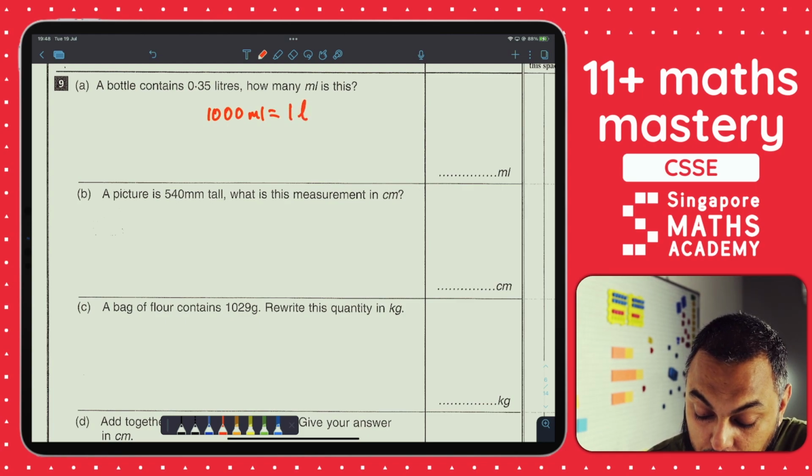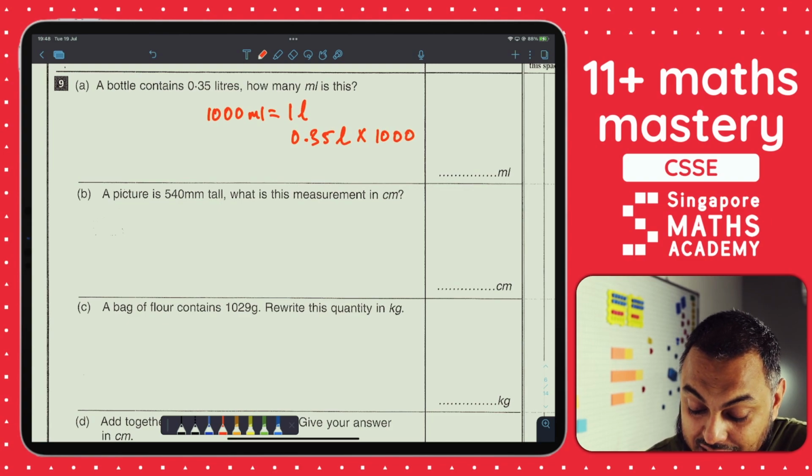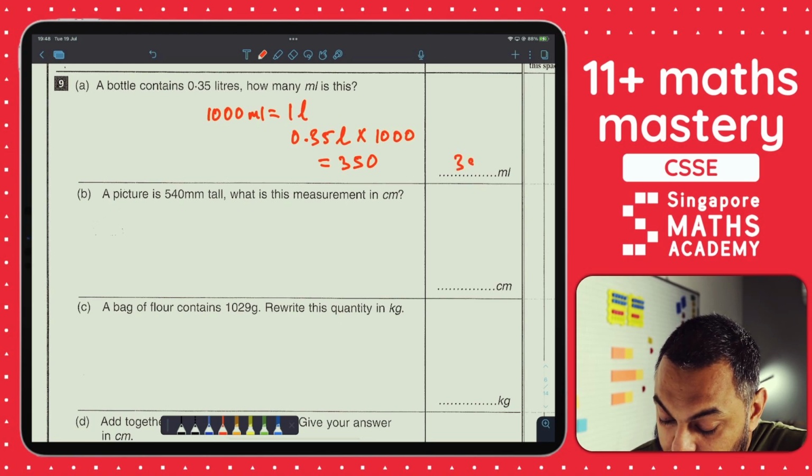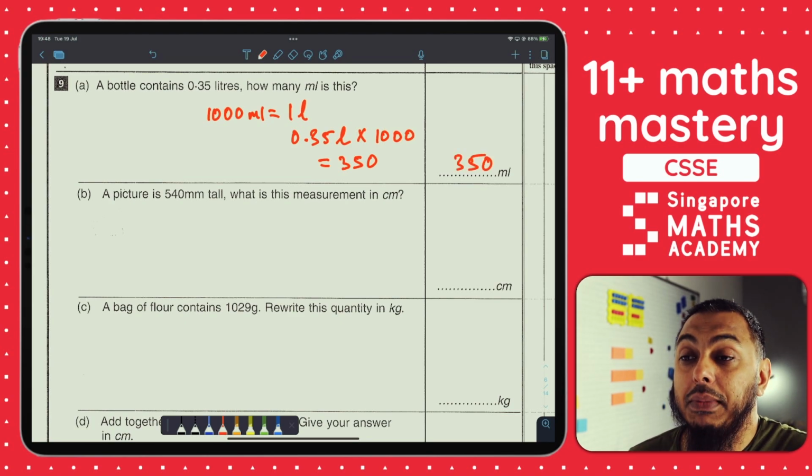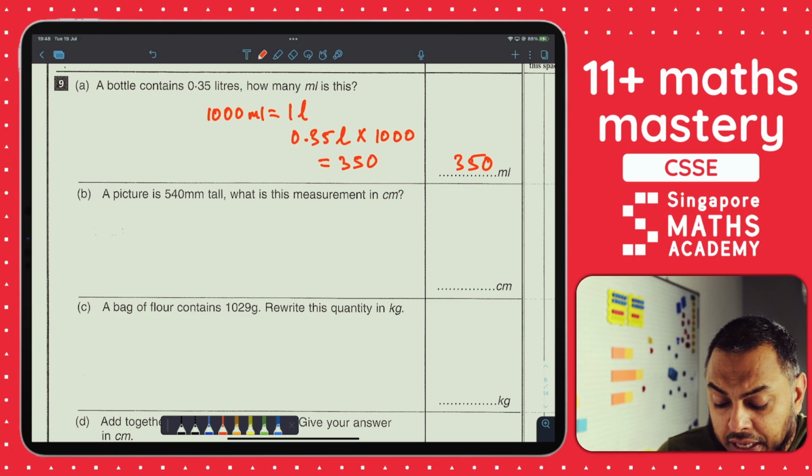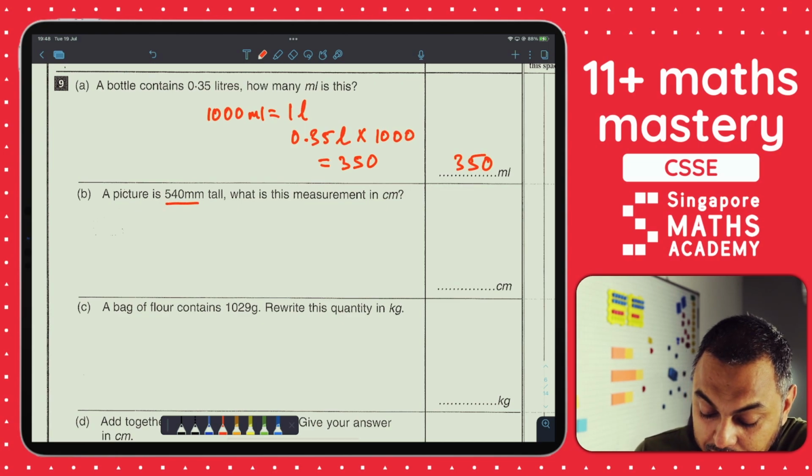And so 0.35 liters, if you multiply that by 1,000, will give you how many milliliters that is. So 0.35 times 1,000 is 350, excuse me. It's 350 milliliters.